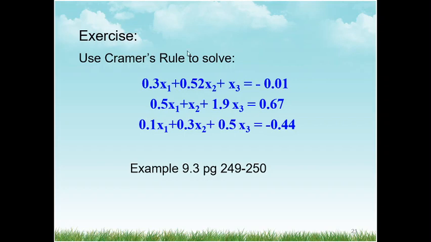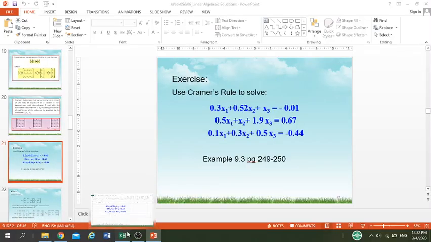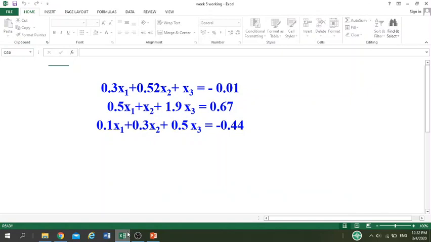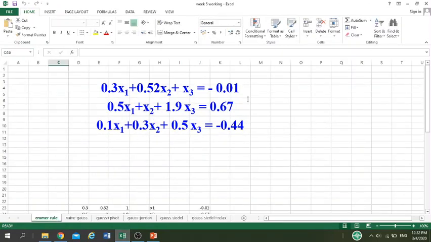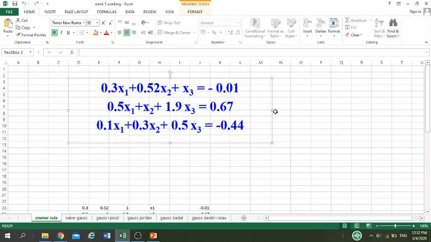Okay, let us jump to the first example. So we have three linear simultaneous equations, as you can see on the slide. First of all, we have to convert these equations into matrix form. Let me demonstrate to you using Excel. These are the equations that we have seen in the slide.